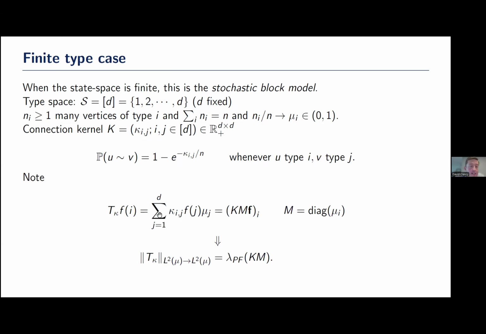And we can translate these integral operators now into just matrix-vector equations, right? So the integral operator T_kappa of f now just becomes some matrix multiplication where we have the kernel K multiplied by the diagonal matrix determined by this vector mu multiplied by the column vector for f.